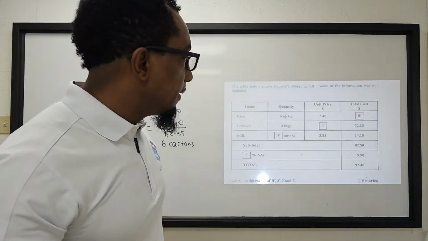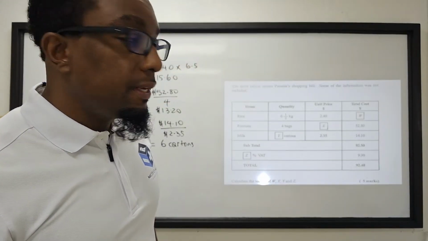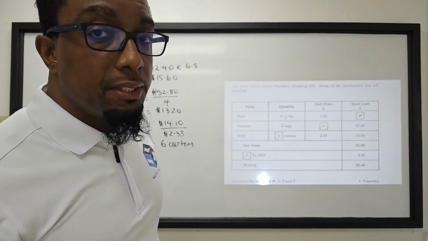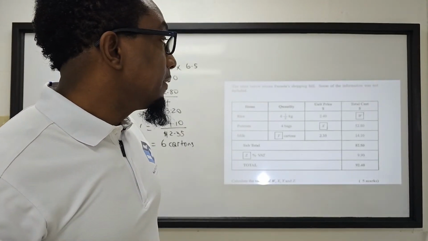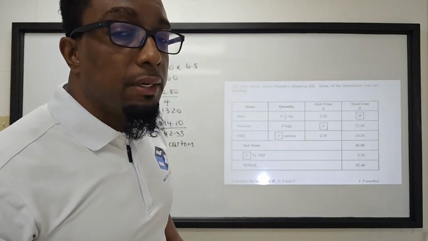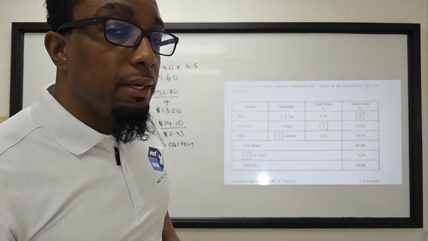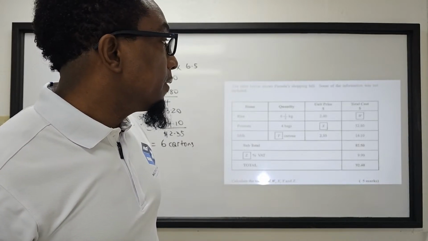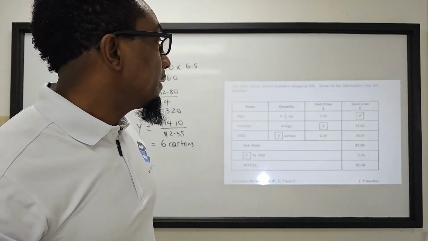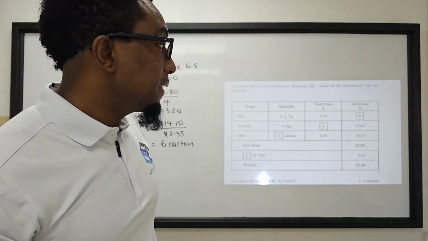And lastly, we want to determine what is Z, the percentage VAT. For us to determine such, we are going to create a proportional relationship. The total cost of all your items is the subtotal. It is $82.50.